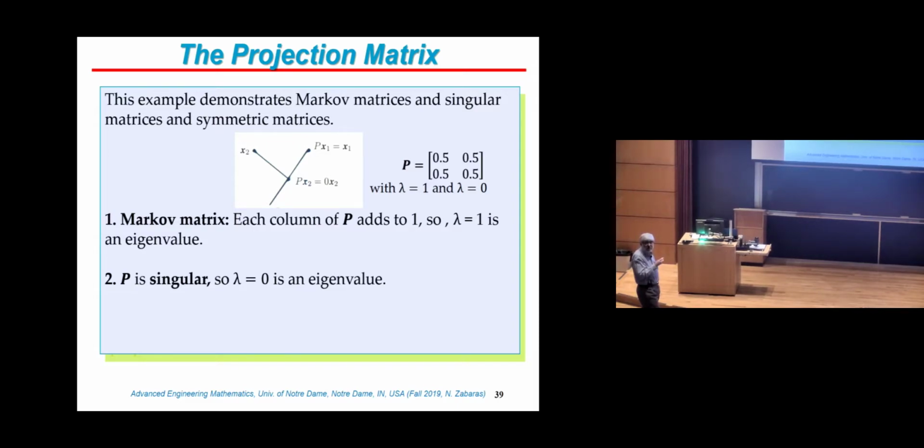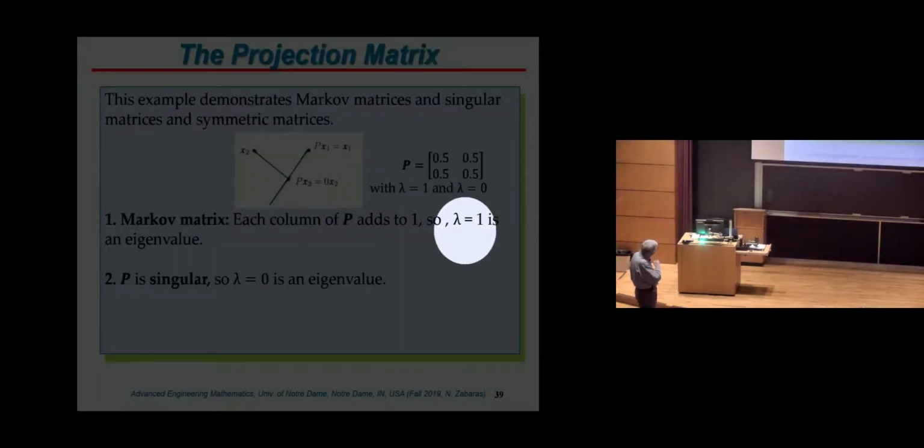We discussed the powers before; I can start taking powers backwards. What eigenvalues do I expect for A minus 1? Well, it will be 1 over lambda. And in this case, because lambda equals 0, this is a singular matrix.